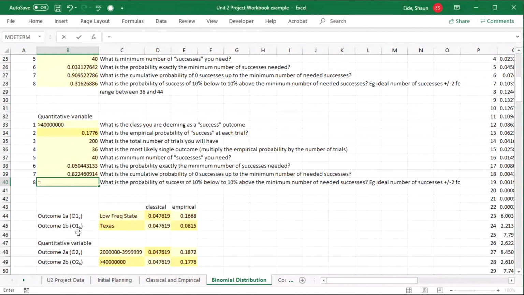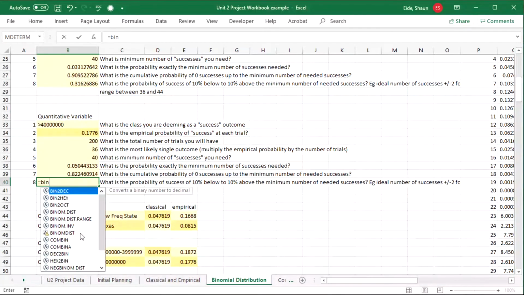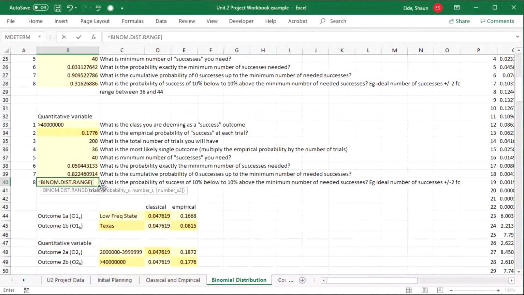So equals the range. Trials is still 200. Probability of success is right there. Number of successes, the first one is going to be 36, which is the lower value, and then 44 again. And so that's the probability of having that range of successes.